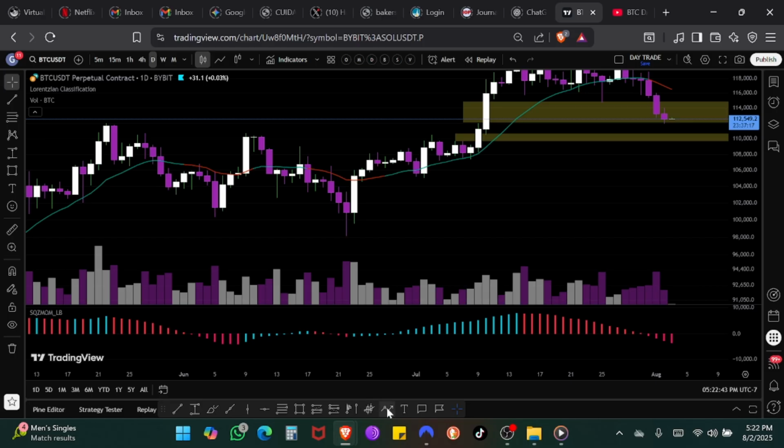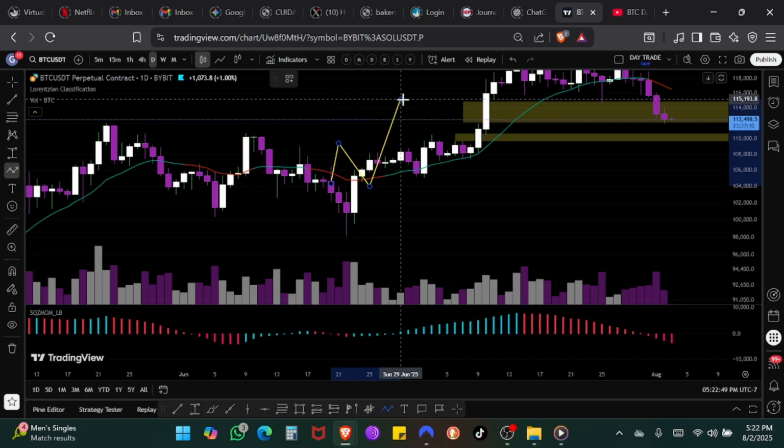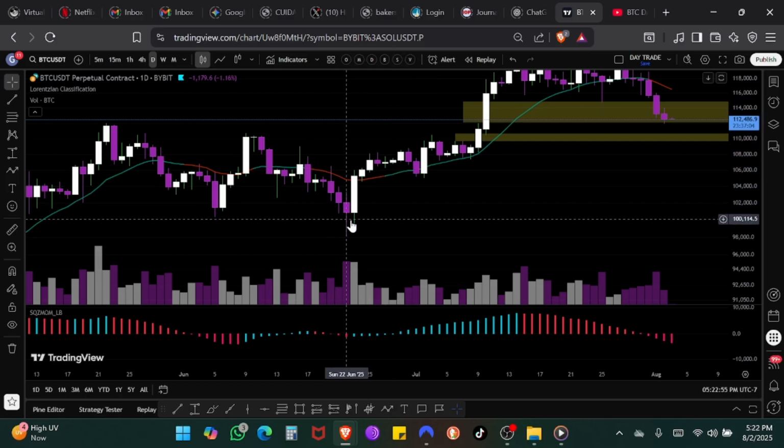Because if it was bullish, this price should have gone up, down, up, right? In that manner. But what the market did instead was fake people out. Because look at this bar here. It was looking bearish.